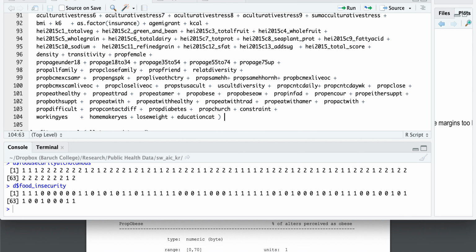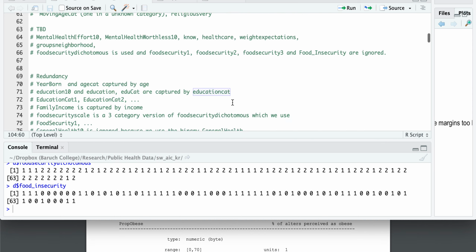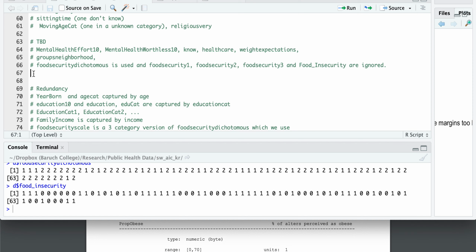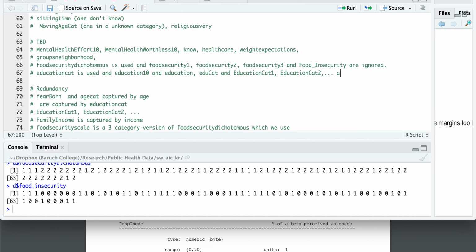Now we have this. Oh, let me just make sure education. Let me just write this down too. That education is used and are ignored.